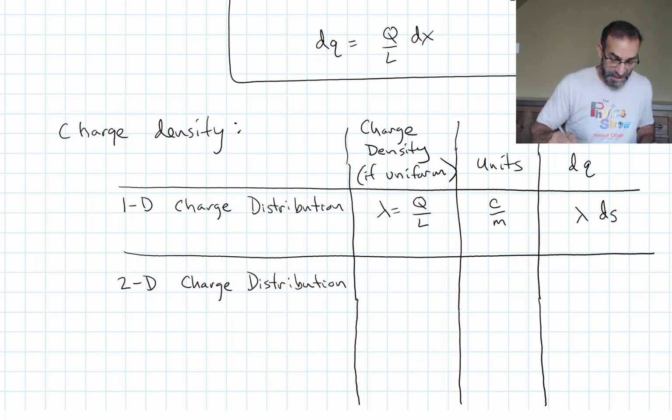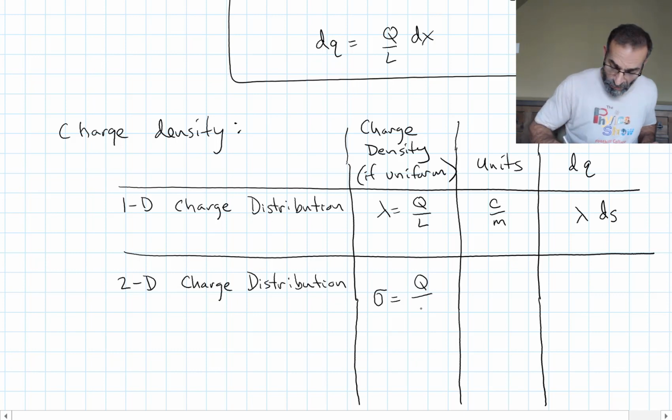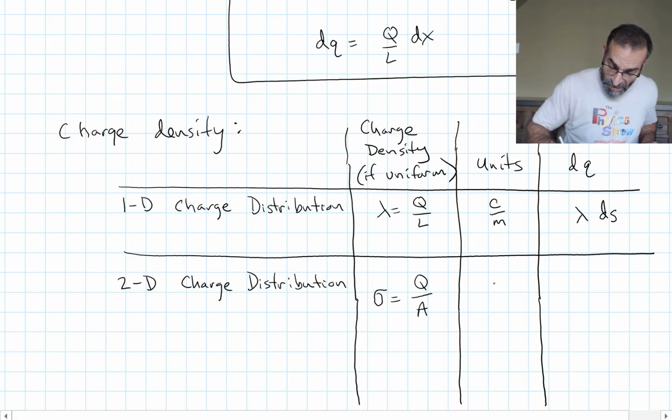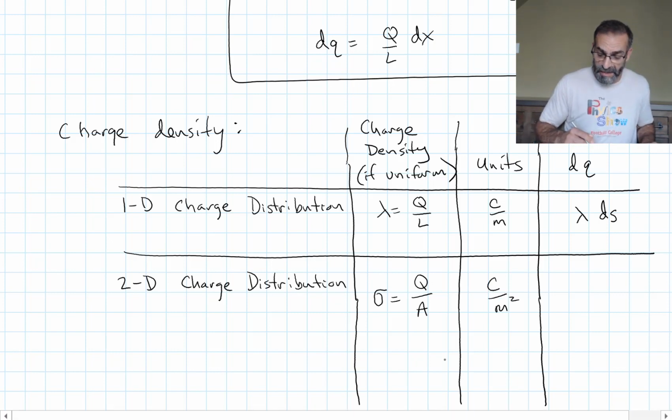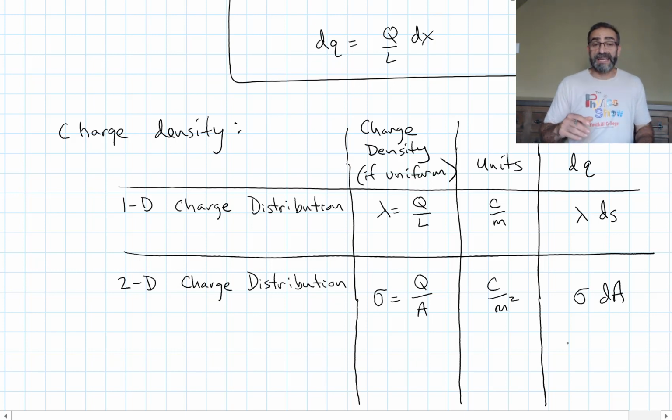We use sigma. And sigma is going to be the total charge over the area if the charge is uniformly distributed. That means it has units of coulombs per square meter. And what would our dq be? It would be sigma times dA, our area element, which means it's a double integral.